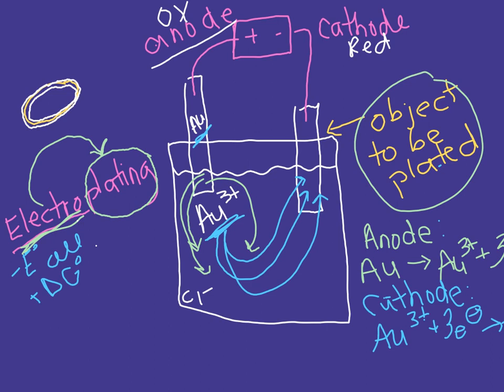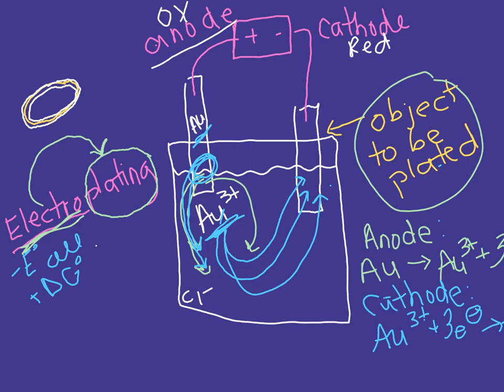If you didn't have the Au3+ here, or you had Au going to Au3+ here, the molarity of the Au3+ would drop, and whatever metal you had here would pollute your solution, so you would have impurities in here. By having the same reaction at your anode and your cathode, you're ensuring that it stays pure Au3+ and Au throughout the entire process.